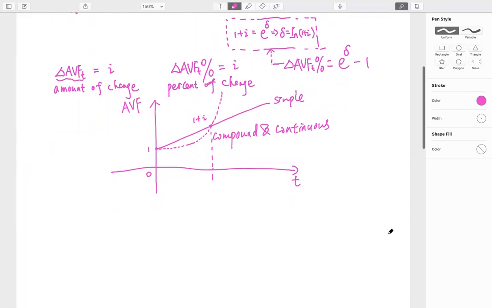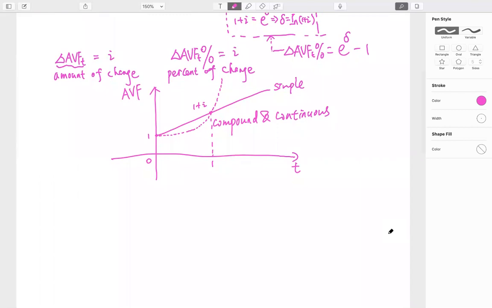There are a few additional remarks. When we study simple interest, by the way, we often apply simple interest for a very short period. A good example is the treasury bills issued by the U.S. government.